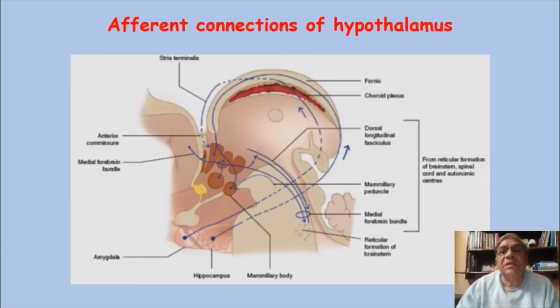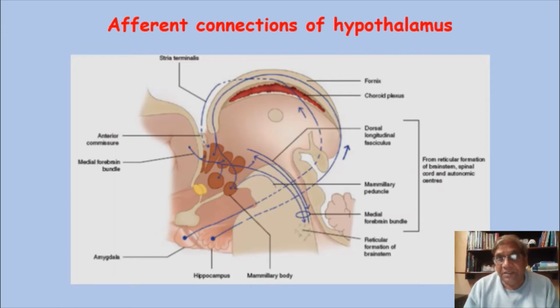Now this diagram is showing the afferent connections of the hypothalamus. Let us see the first afferent connection, which I said was with the spinal cord. The spinal cord brings the impulses coming from the viscera.